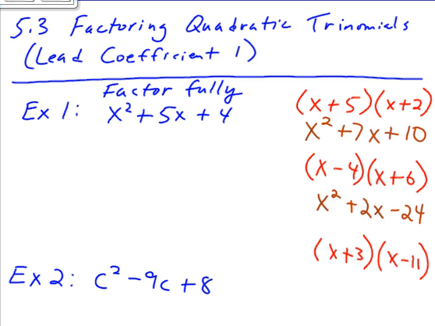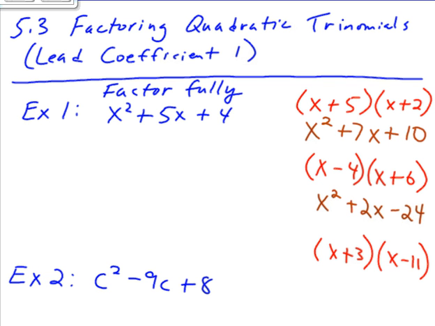So what Carlos did there, the F and L of FOIL get the first and last term, but the middle term is the combination of the O and the I of FOIL. What we're telling you is you can get that coefficient by just summing the constant terms of the binomials being multiplied. So let's do this next one, and then we'll talk about going backwards, which is what factoring is.